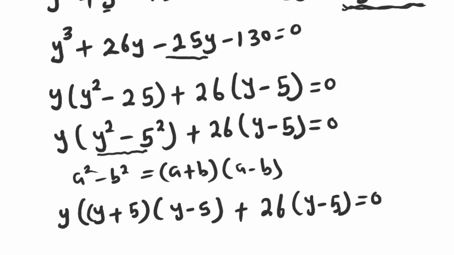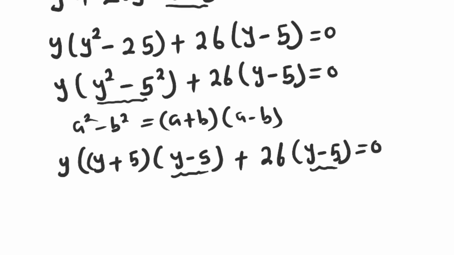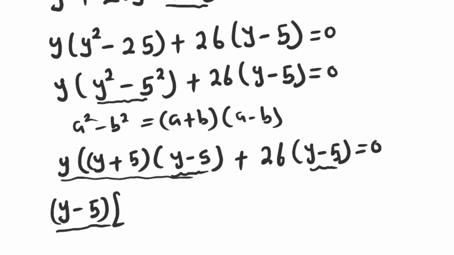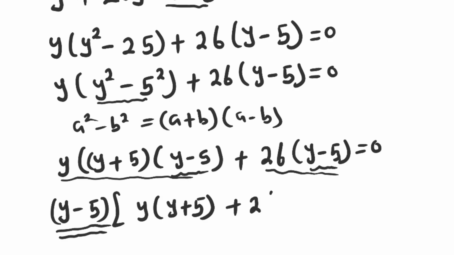Here you can see that y minus 5 is common. Let's bring it out. We have y minus 5 bracket, and if you divide the whole of this by this, we have y bracket y plus 5 bracket, then plus 26 bracket is equal to 0.